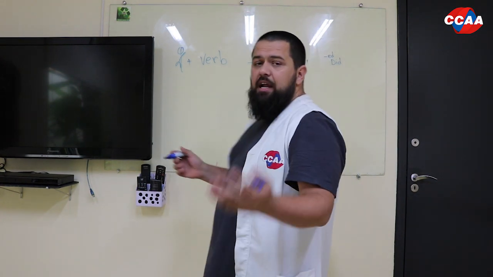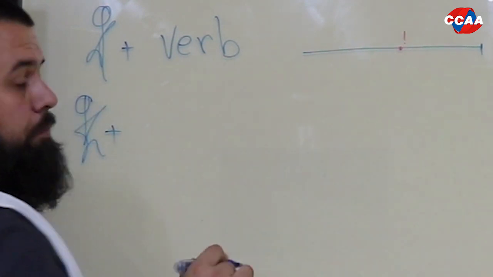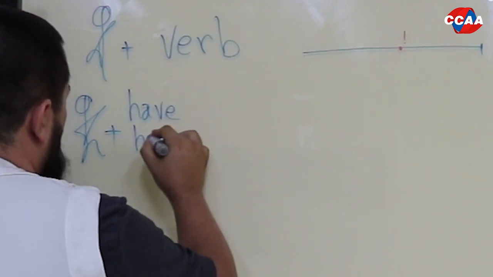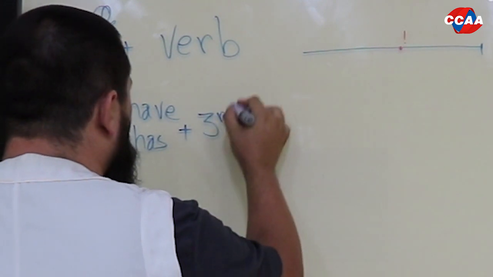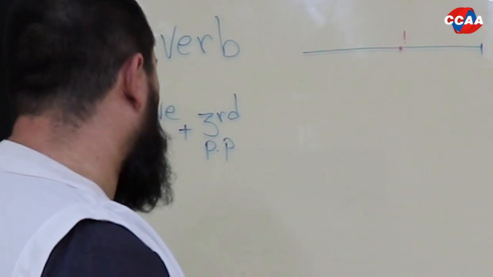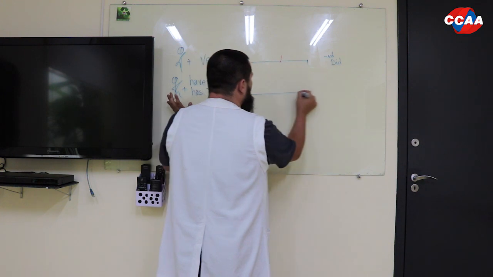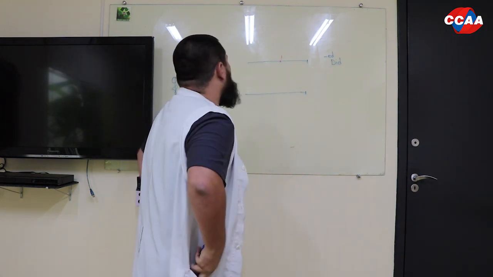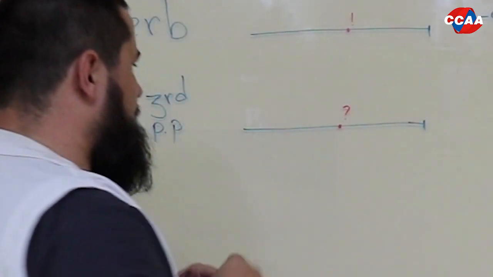And the approach I am here to tell you about is we use present perfect, which is person, have or has, of course, depending on the person, and the third form of the verb, which is the past participle of the verb, right? I'll talk about that in a second, but we use this when we are talking about an action that happened in the past, but we don't know when it happened.